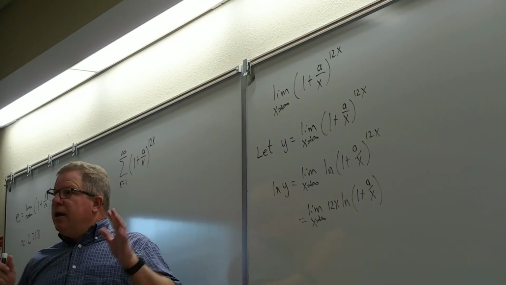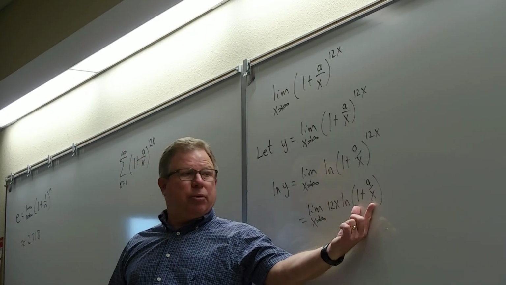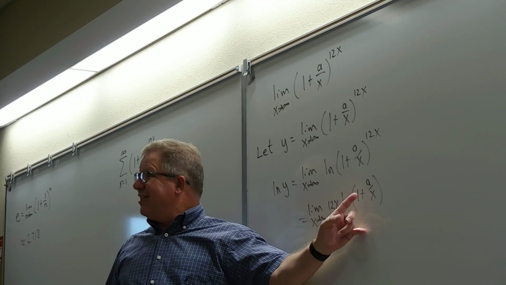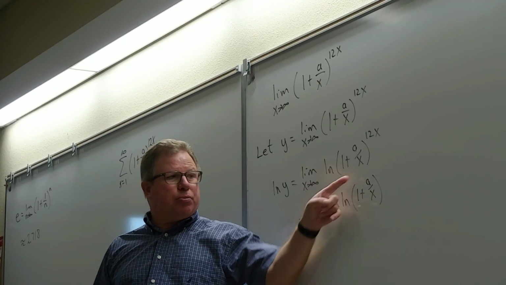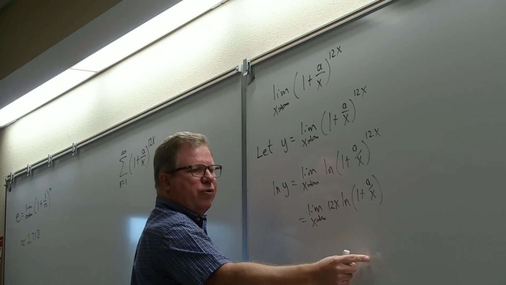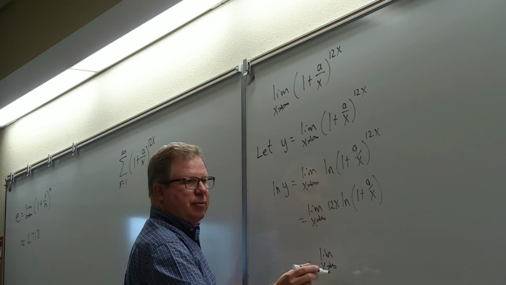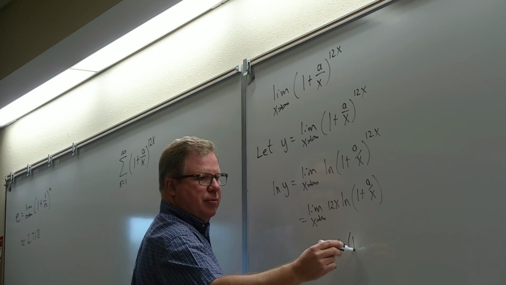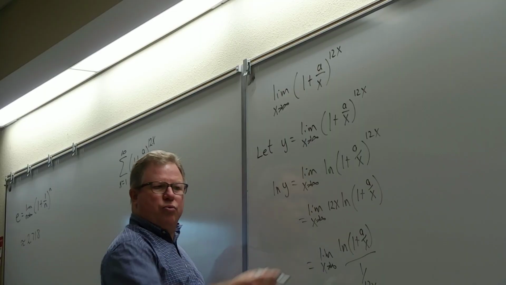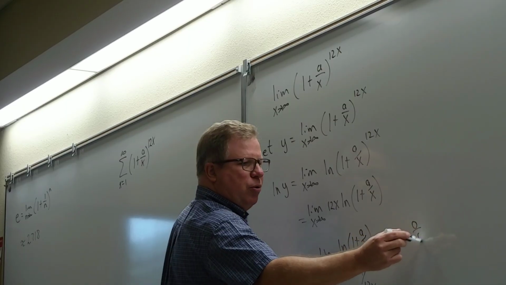Now, as x goes to infinity, the argument inside this logarithm is going to go to 1, correct? Because that term will go to 0, and natural log of 1 is 0. So this logarithm is approaching 0. If we move this 12x, write it as 1 over 12x below, now we have a limit that is in the form 0 over 0.